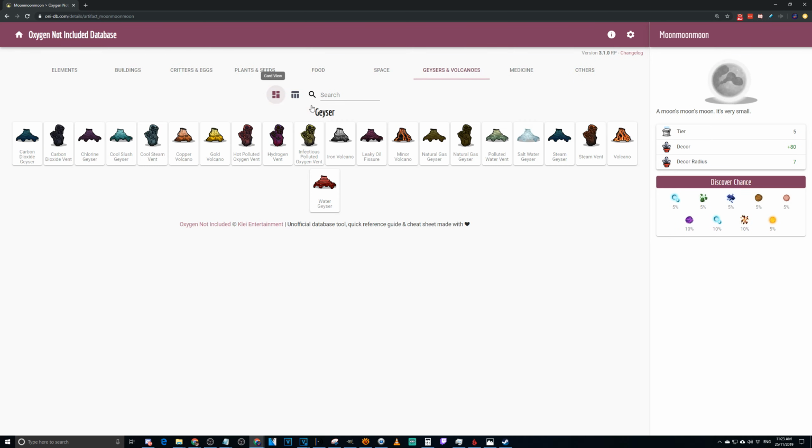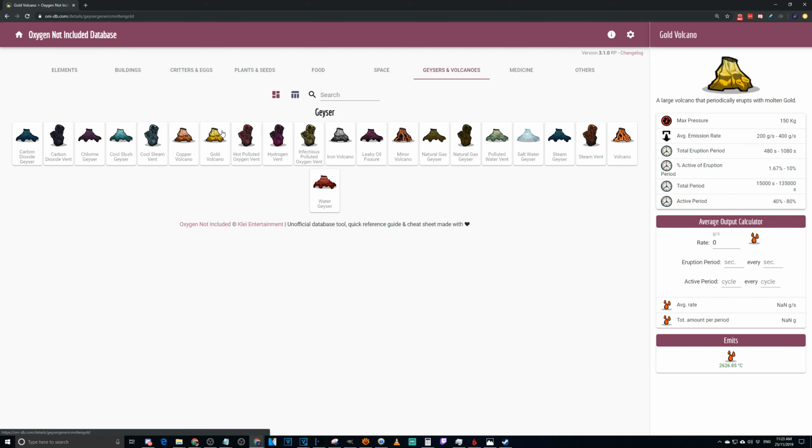Same with volcanoes. You can look at the different volcano types and where a min-max might be. So, eruption period ranges from this, percentage, and you can even put in the details of your volcano if you choose not to run the average calculator mod that I'm running in my series. But you can put in your details and it'll give you exactly what your volcano is going to put out.